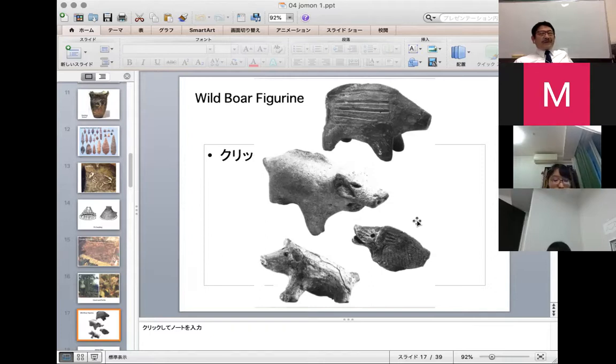So it must have been a life-risking task to go across the strong current. And it's just impossible to bring a big adult boar on their dugout canoe. That's impossible. So the only possibility you can think of is baby boars. Baby boars could be brought on the canoe.